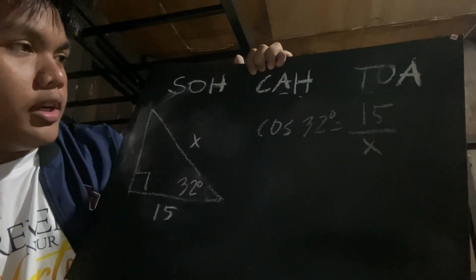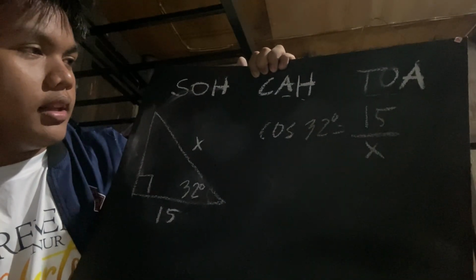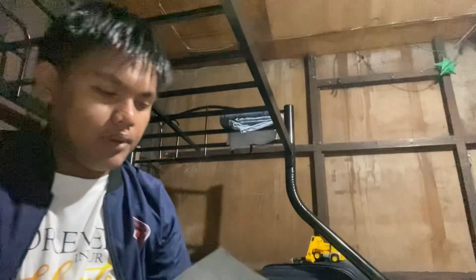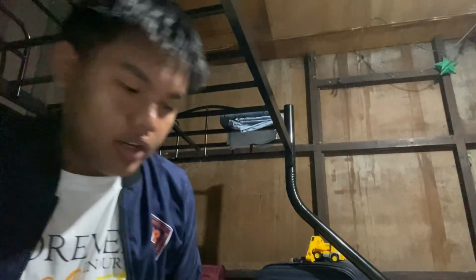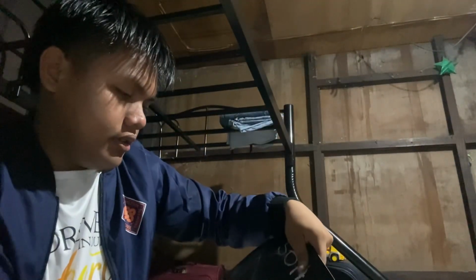All you need to do is multiply both sides by x, and then divide both sides by cos. It will be a longer process to find the value of x. So first, multiply both sides by x, it will cancel out, and we have x here.